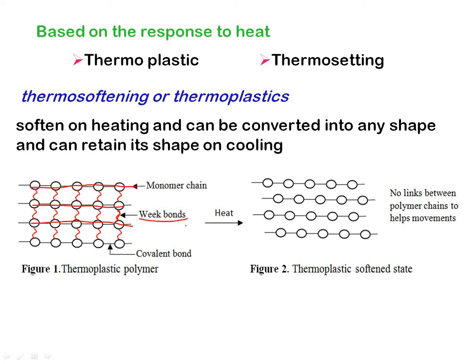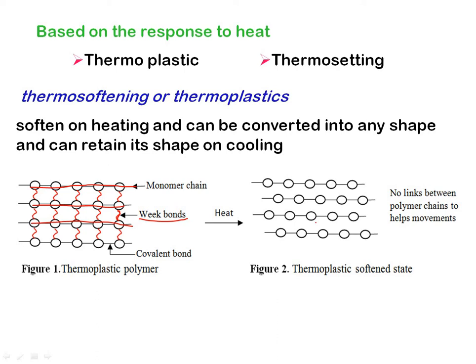They are very weak. Upon heating, these bonds lose their strength, they disappear. That is the reason there is no linkage between two adjacent polymer chains. They are free to move, they slip on each other, so they are softened on heating. Again, on cooling, those bonds appear again so that it becomes hard.